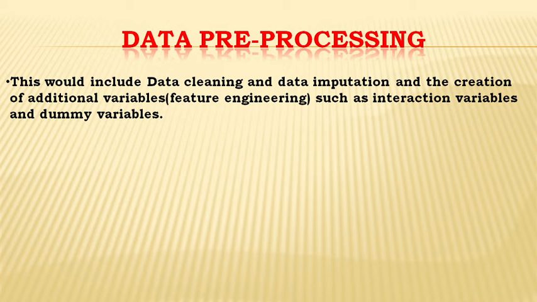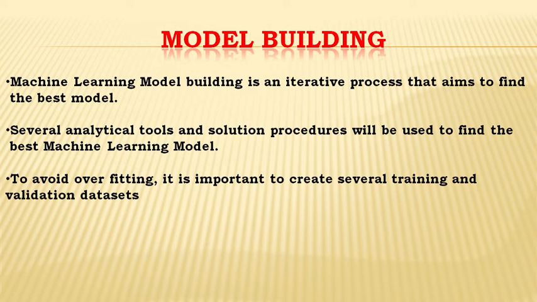We need to process our data, and after that we need to build the model. Machine learning model building is an iterative process that aims to find the best model. Iterative means we need to keep doing it to get the best model. Several analytical tools and solution procedures will be used to find the best machine learning model.